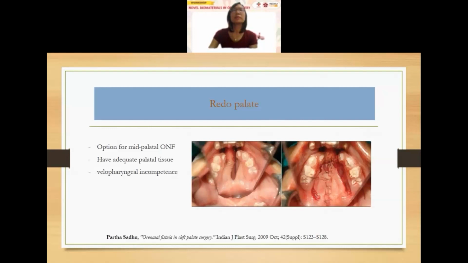With redo palatoplasty, we usually use the two-flap technique. The indication is for mid-palatal oral nasal fistula with adequate palatal tissue, and velopharyngeal incompetence.